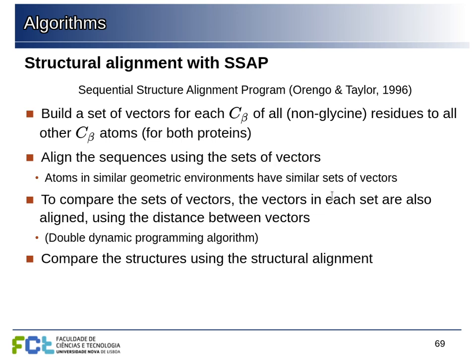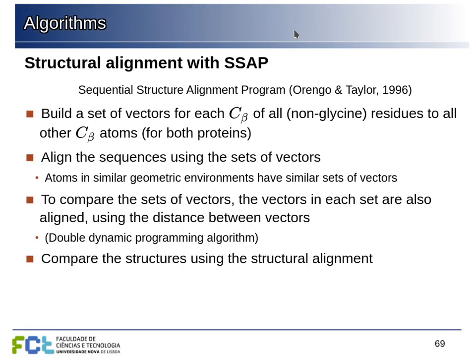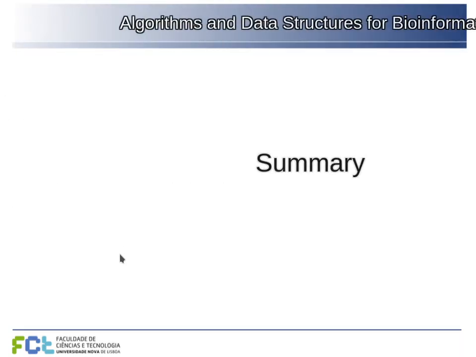Basically this is a double dynamic programming alignment where, for 2 residues, we try to align the vectors to see how well they match, and then we use those matches to align the residues in the sequence. So we are aligning the 2 sequences using the vectors describing the structural similarities or dissimilarities between those residues, instead of just looking at what the residues are. This is how we can do the alignment between the 2 protein sequences considering the structure around each residue.